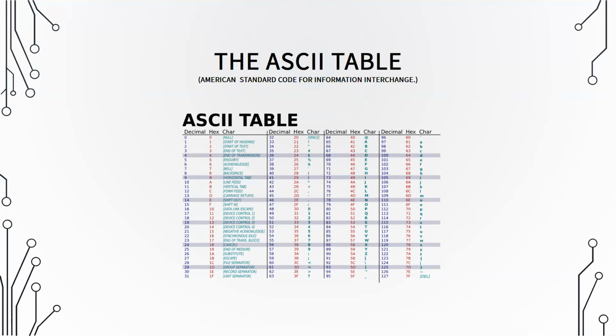When you press a key on your keyboard, for example, that letter is stored in the memory as a binary number. If you were to hit a lowercase a, the number 97 would then be stored in the memory. And for a lowercase b, 98 would be stored in the memory. So you can see where this is going and how this comes in handy.